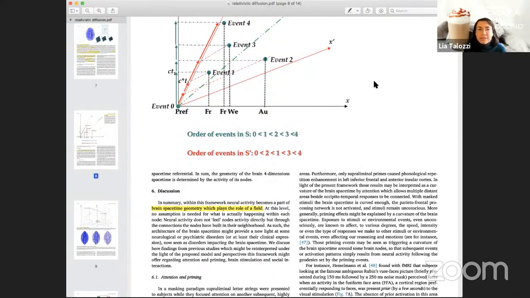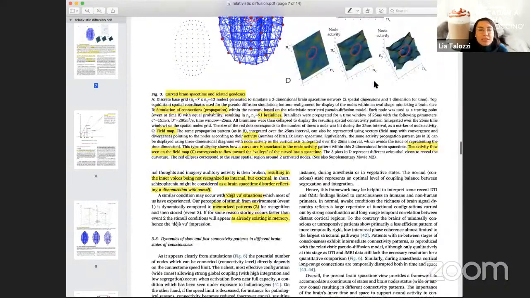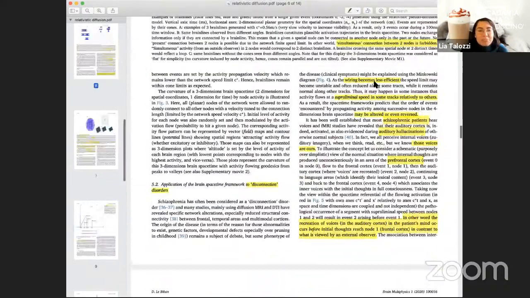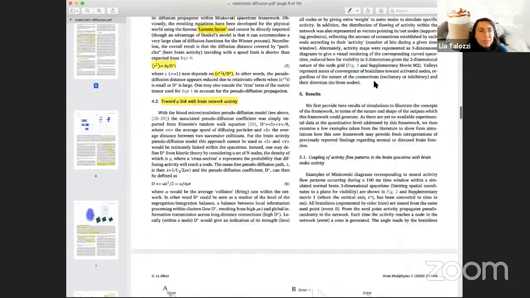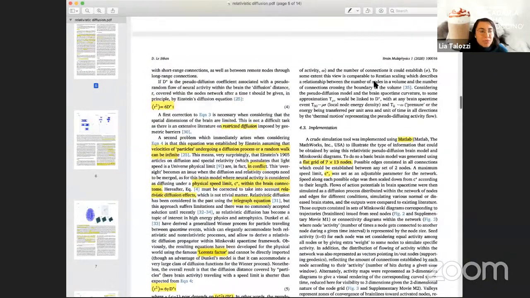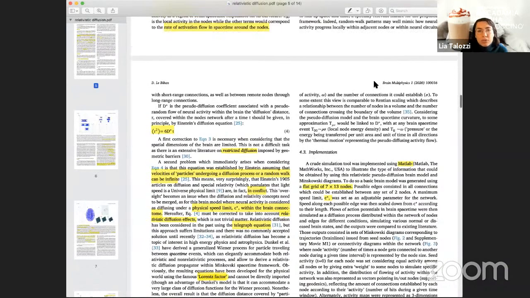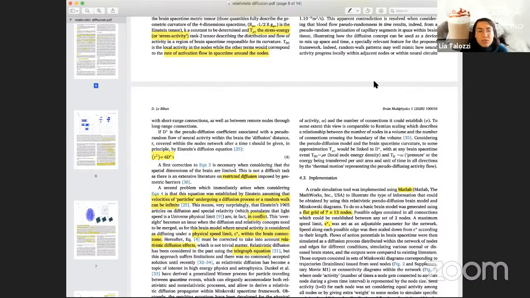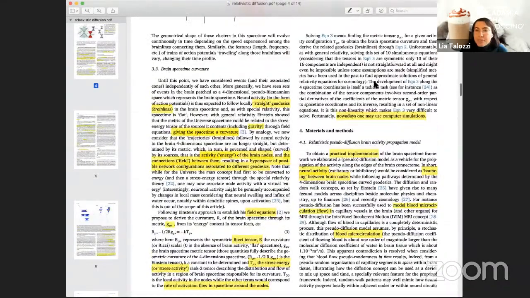Maybe it's too fast. Can we use this in some applications in what we are studying in pathologies, or is it just a new framework that we can think about? Actually, I had never heard about this relativistic framework in the brain, which is also described in the introduction. And so, yes, this was the paper.